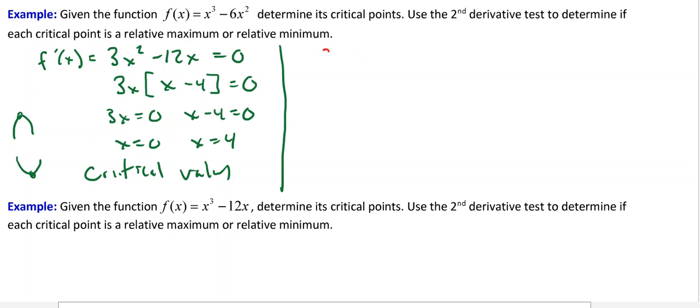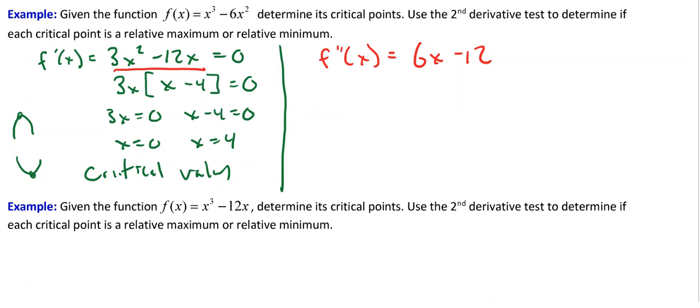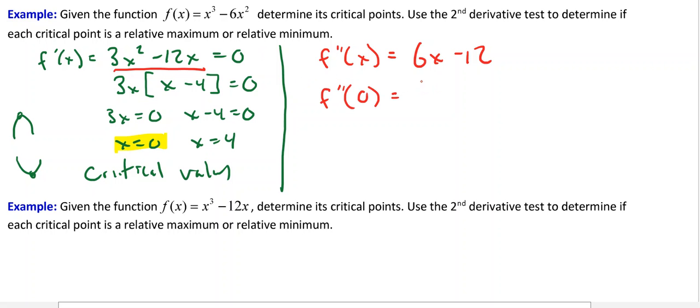So let's find the second derivative of this function. The second derivative of this would be 6x minus 12. And now let's evaluate both of these points in the second derivative. So let's find f double prime of 0. That's 6 times 0 minus 12, which is negative 12.